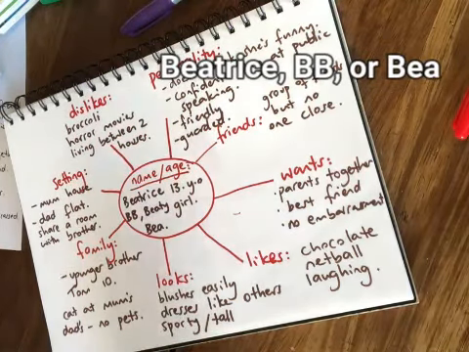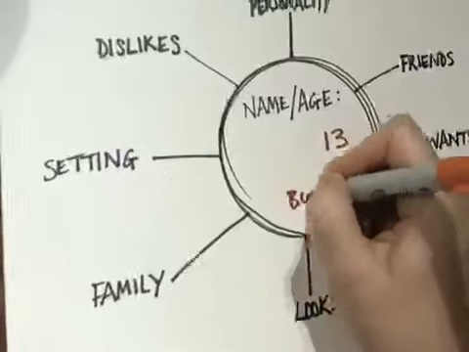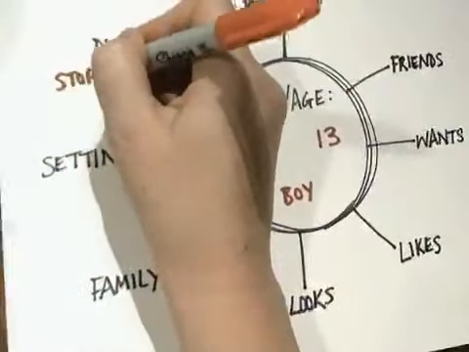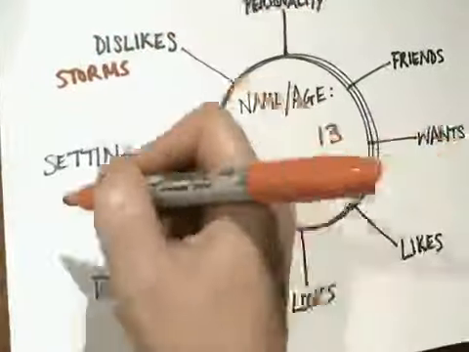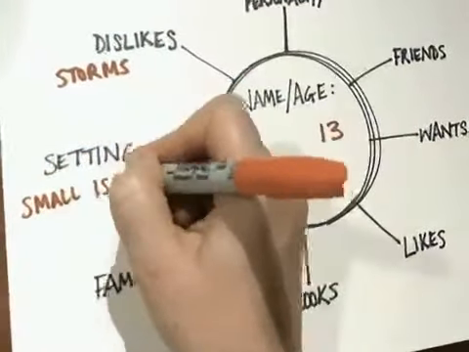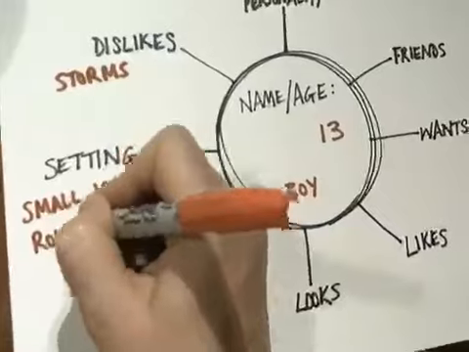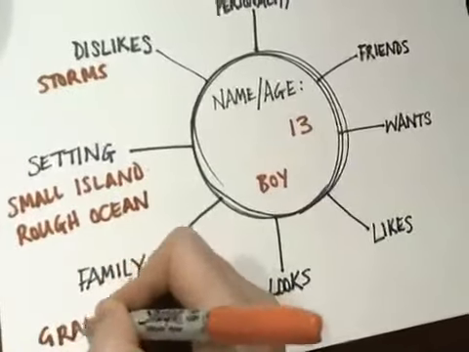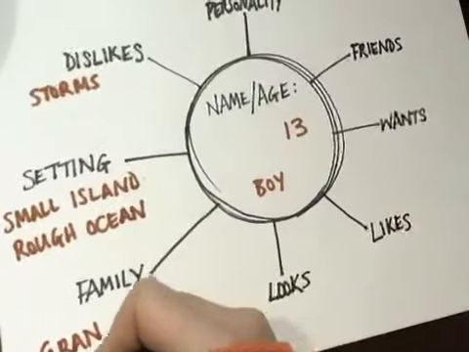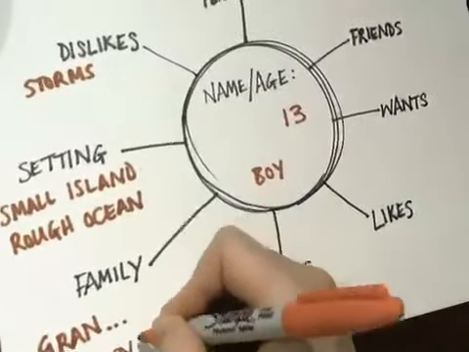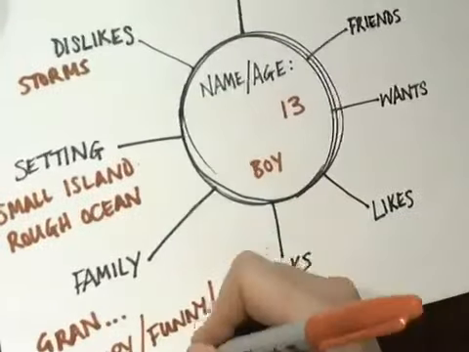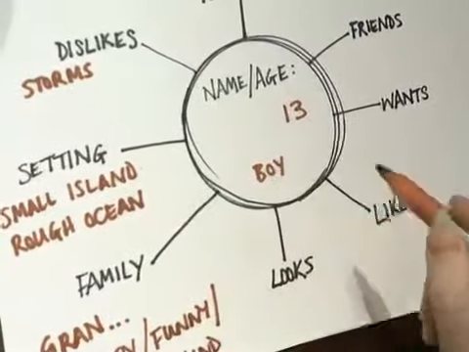So there's my character. Meanwhile, I'll start on my character's flesh, or backstory. Looking at the list of fears and wants I wrote earlier, I know he hates storms and deep water. So I'm going to challenge him from the start and make him live on a small island in the Southern Ocean. I really like writing about grandparents because I had interesting grandparents when I was young. So I'm going to make this boy live with his grandmother.